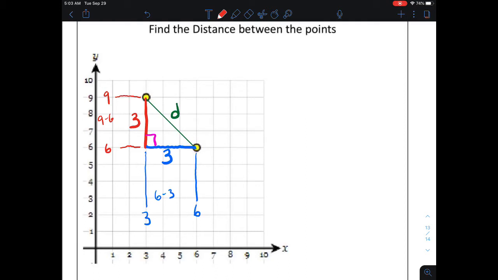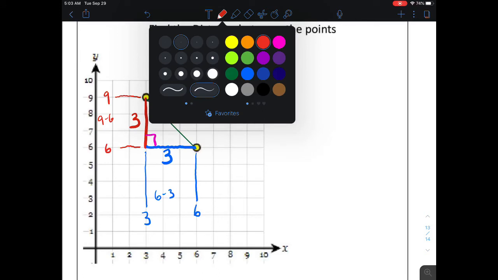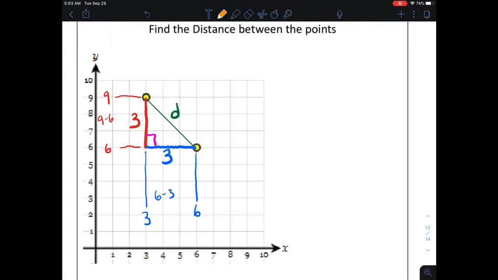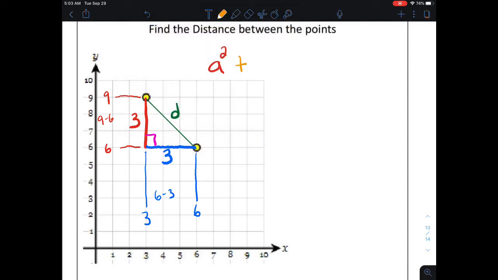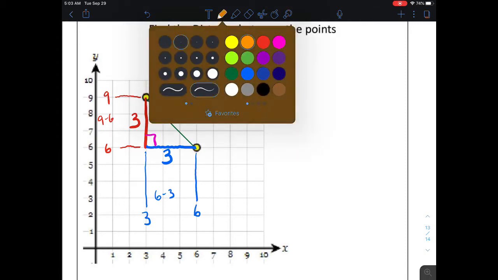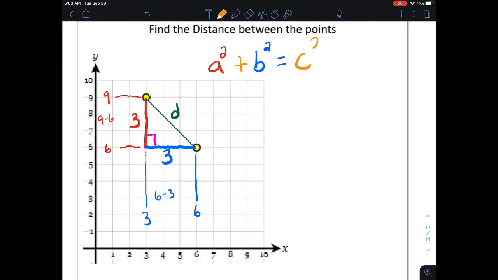Now, when we're working with a right triangle, if I want to find the length of the hypotenuse, we're going to use Pythagorean's theorem, which says that if I take the 2 legs and square them and add them together, so a squared plus b squared is going to equal c squared. That's Pythagorean's theorem, where a and b are the legs and c is the hypotenuse.